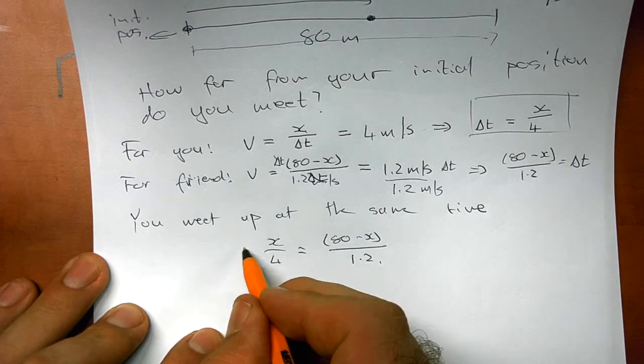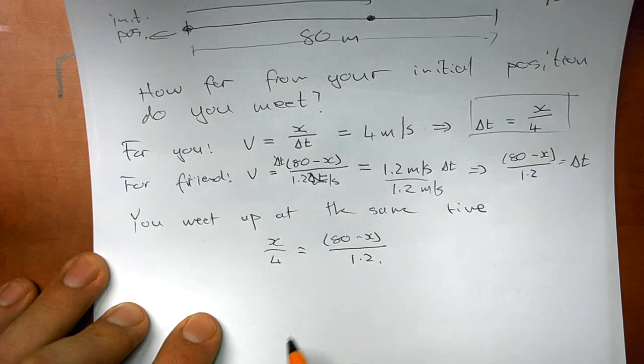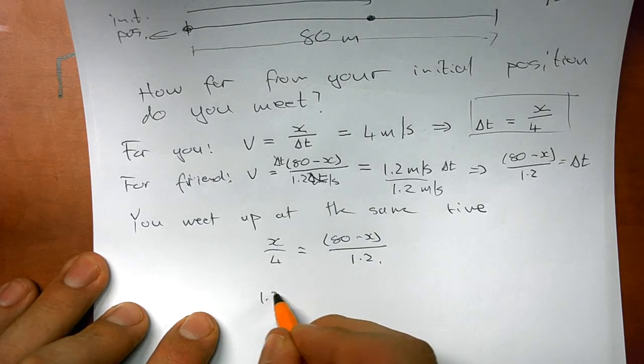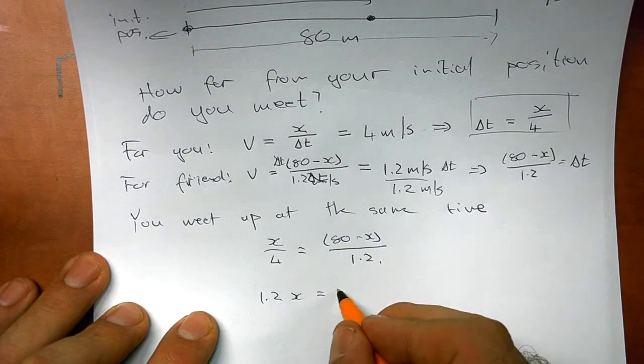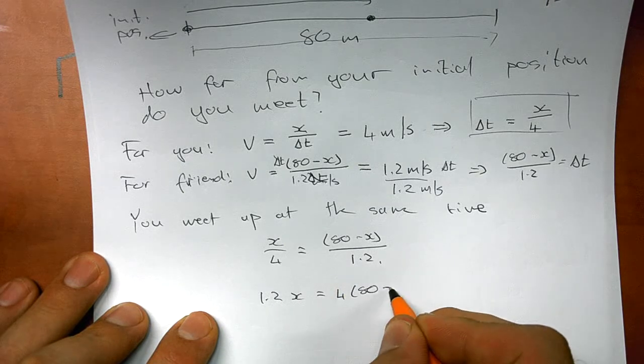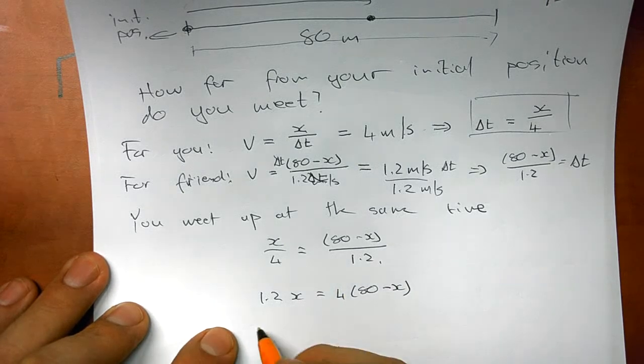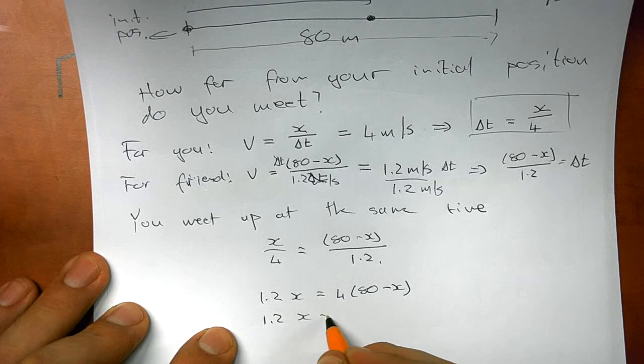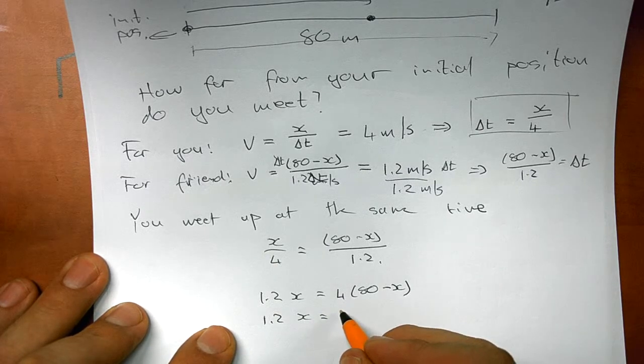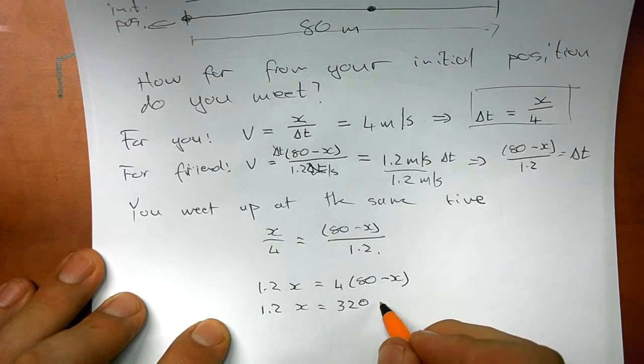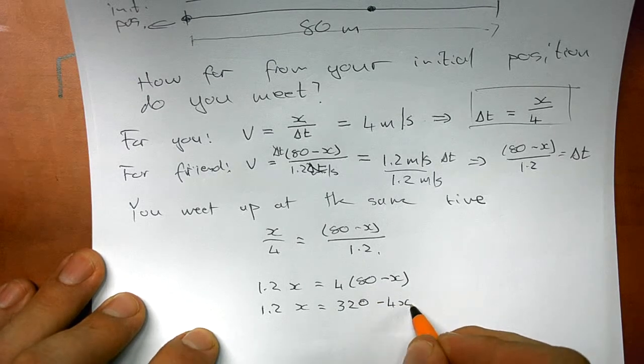So if we cross multiply, we can say this means 1.2 times x is equal to 4 times 80 minus x. So we have 1.2 times x is equal to 320 minus 4x.